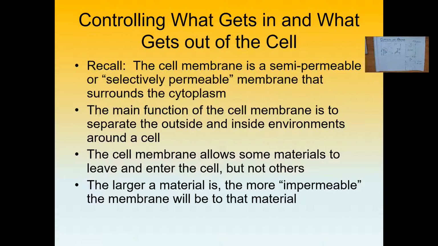So the cell membrane allows certain things to pass through, but it will stop other things from coming through. And that's happening in both directions. And remember, the function of the cell membrane is to separate the outside parts of the cell from the inside organelles in the cytoplasm.